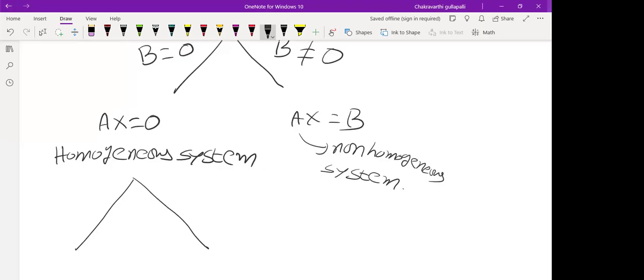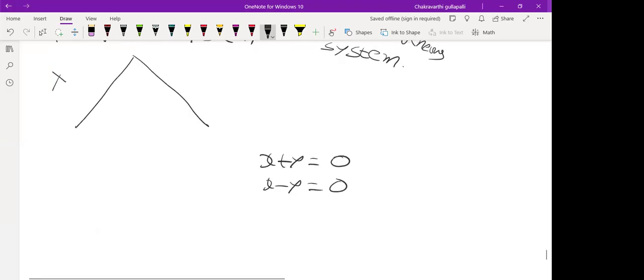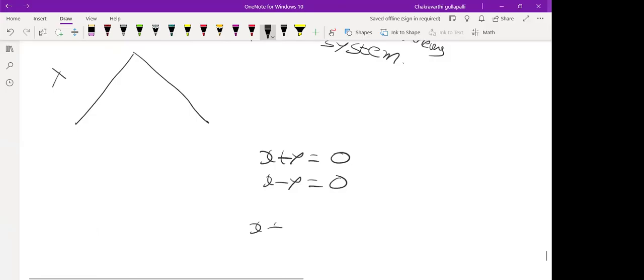This homogeneous system will have two types of solutions. For example, this is a homogeneous system in two unknowns, or you can also have one like this in three unknowns. Both are homogeneous.